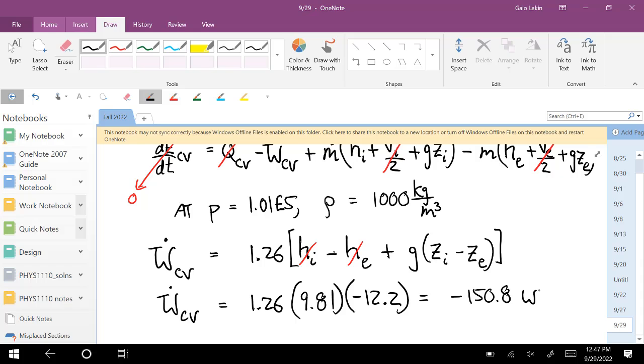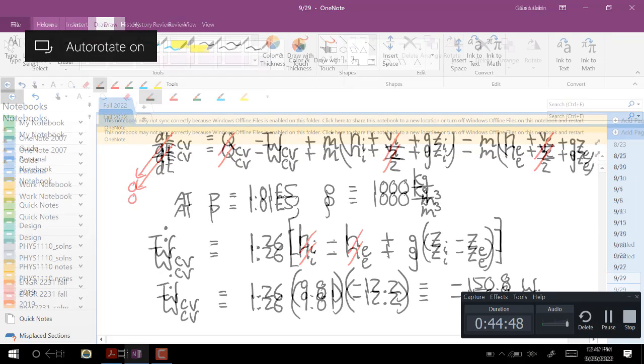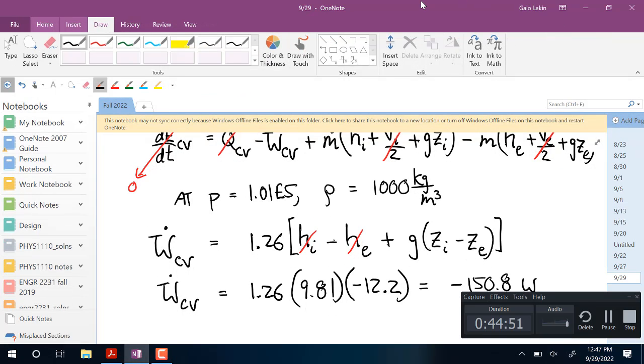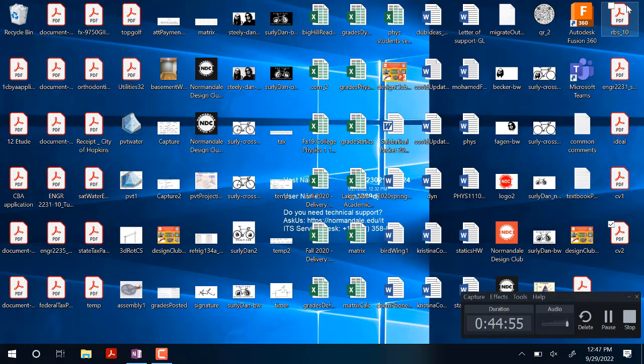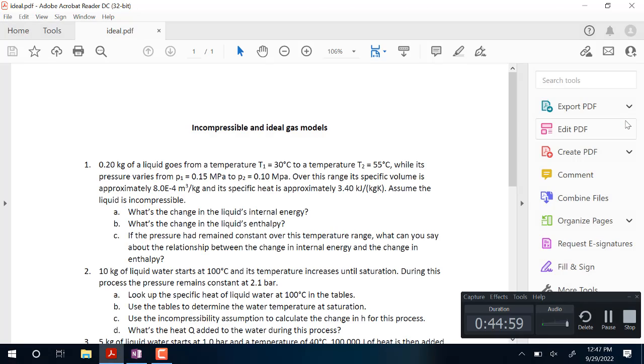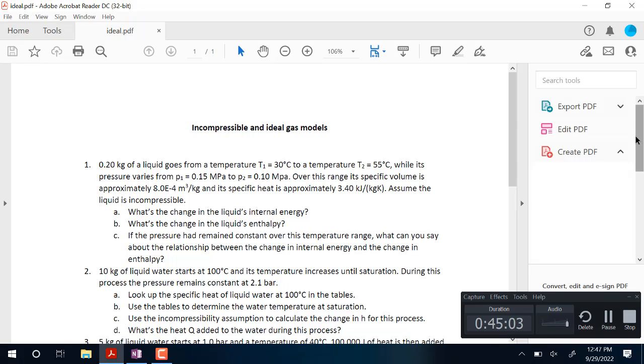Okay, let's go back to ideal gases and incompressible materials. Let's start with number 2 on that one.